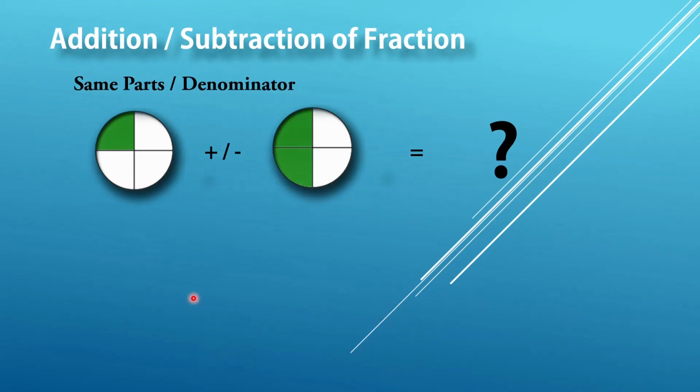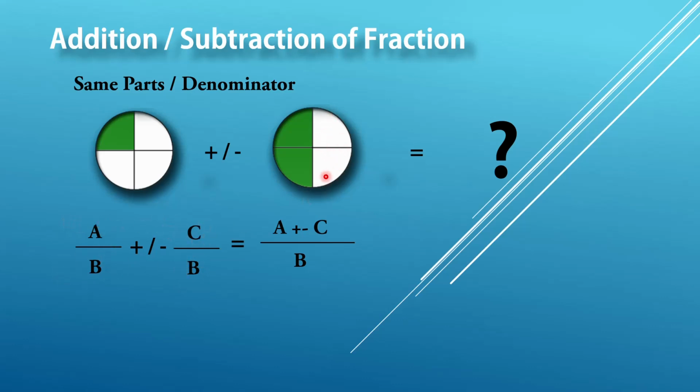Now we'll learn how to add or subtract a fraction. Here we can take an example with the same denominator, so we have 4 pieces. How can we do it? We have a rule here: a by b plus or minus c by b. This rule is applied for plus or minus when we have the same denominator, so b is the same and the numerator is different.